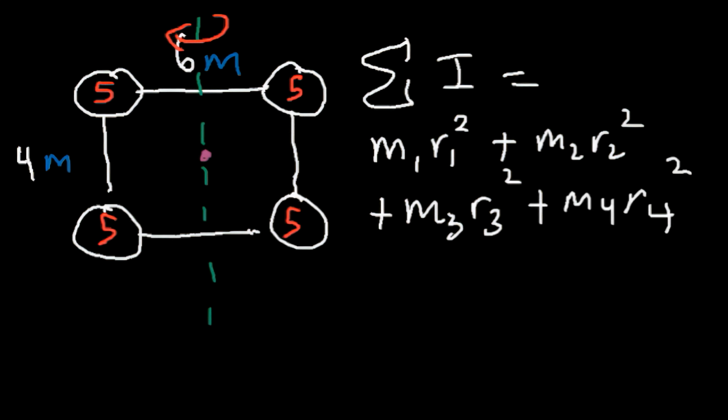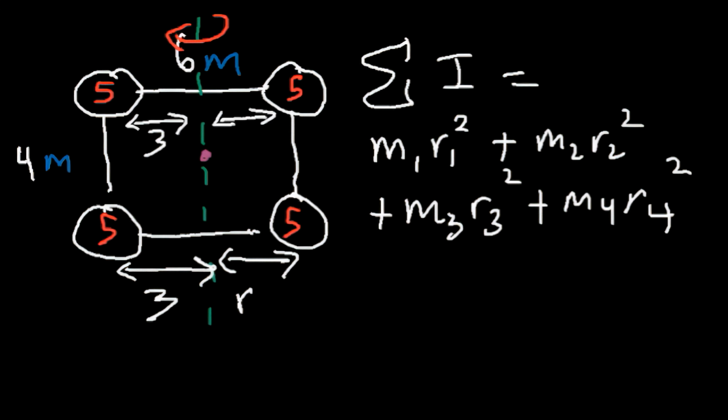Now all of the masses are the same, and r is the distance between each mass and the axis of rotation. So r is half of 6, which is 3. So each mass is located 3 meters away from the axis of rotation, and they all have the same mass.